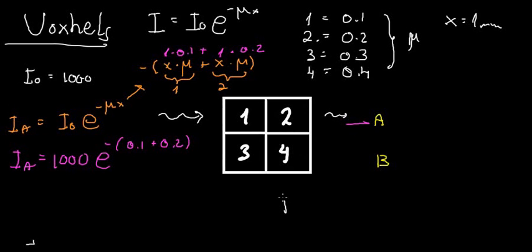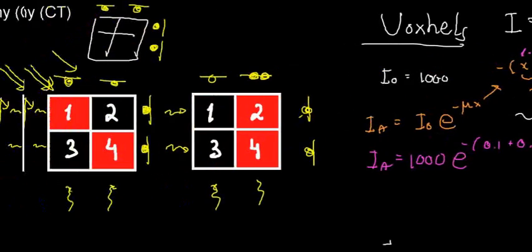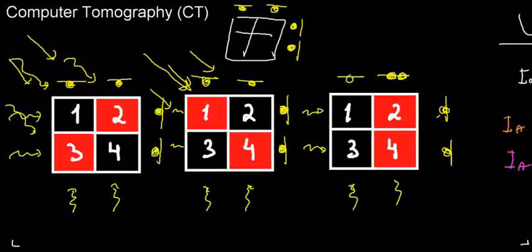This is just a way to answer a question using this equation. Very good. So we spoke about what voxels are. What we have left to discuss is the relationship between resolution, voxels and radiation dose, or radiation applied.